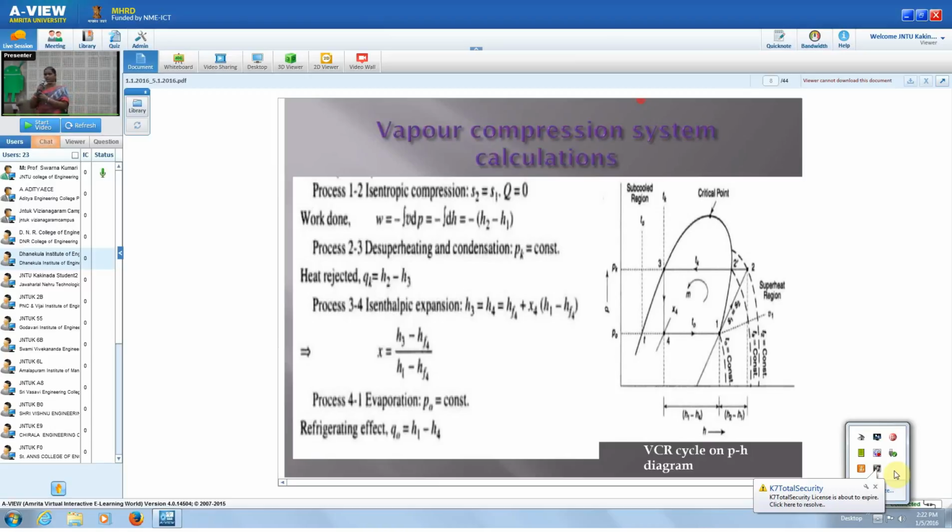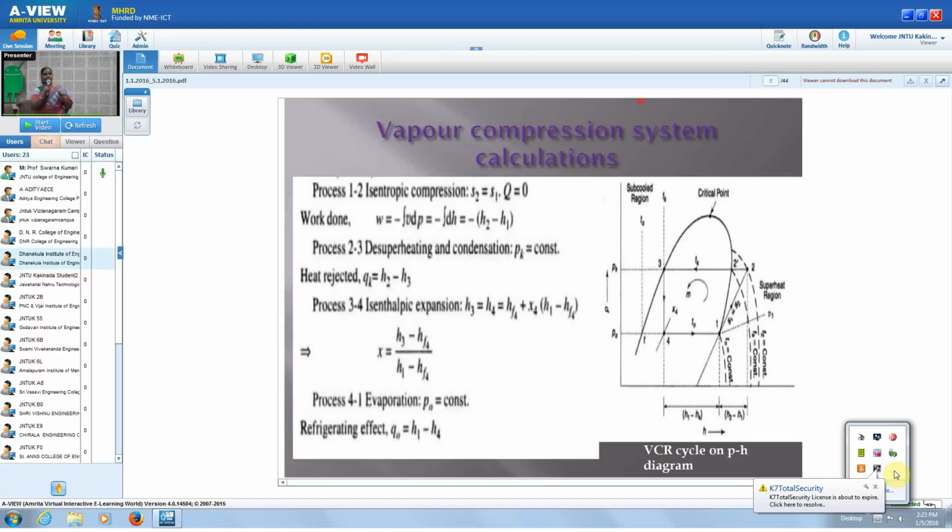So isenthalpic process, whereas this is in the capillary tube or the expansion valve. So at 4 you have to find out what is the dryness fraction to find out the enthalpy of the refrigerant at 4. How to find out the enthalpy at 4 depends upon the dryness fraction.